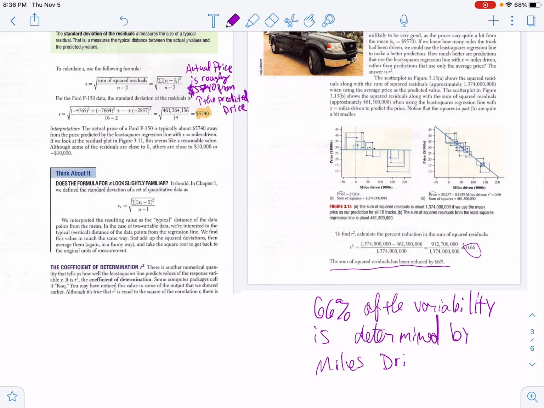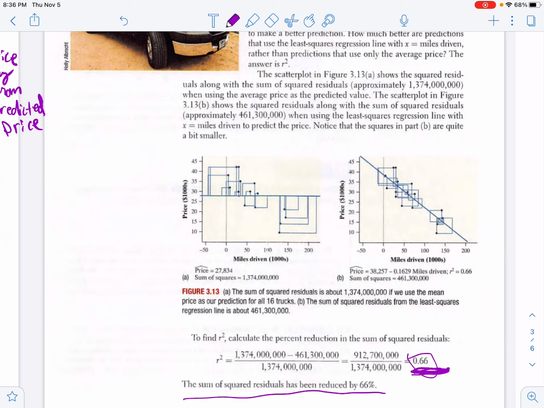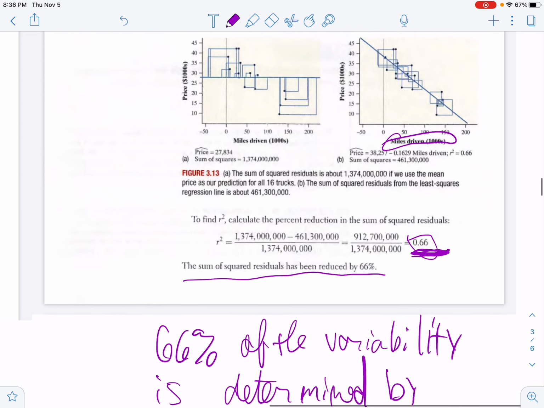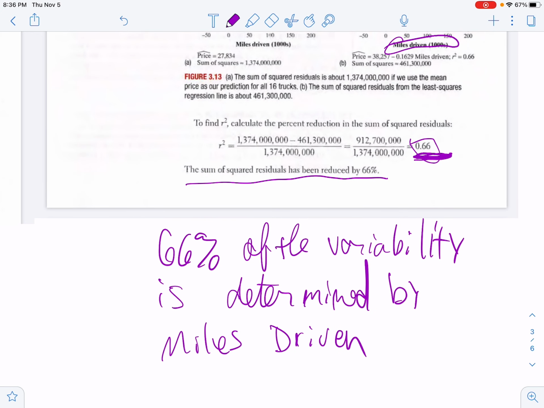So 66% of the variability in the data, of how the data changes, is determined by the x value, the explanatory variable. So R squared tells us the percentage of variability which is determined by the explanatory variable, by the x variable. And that's the important thing.